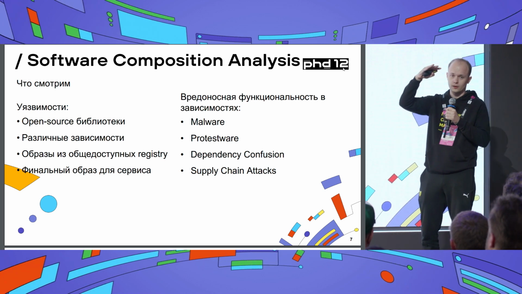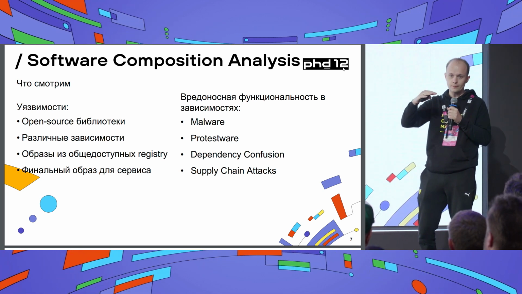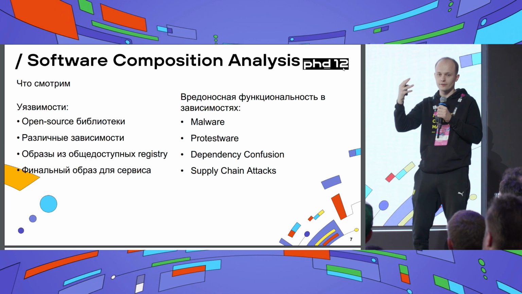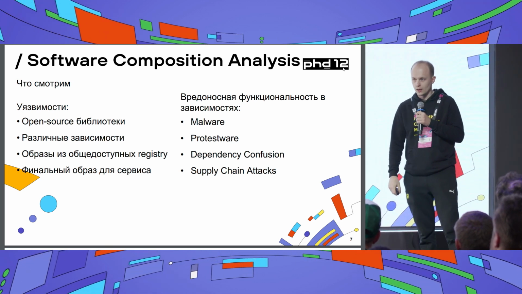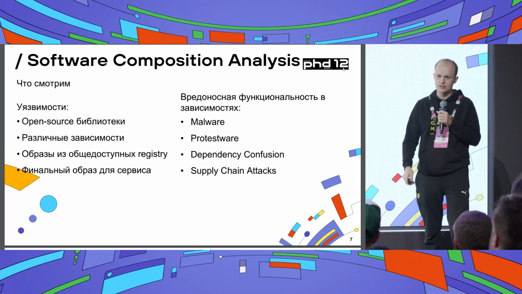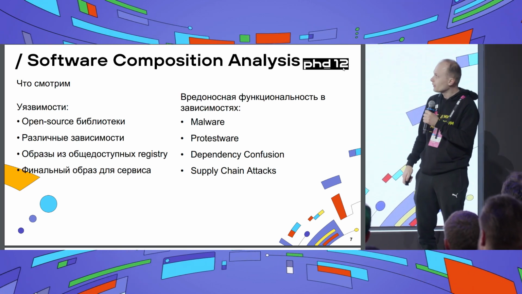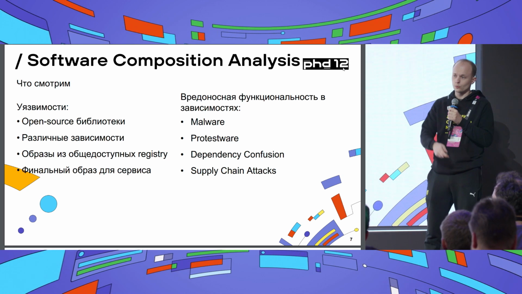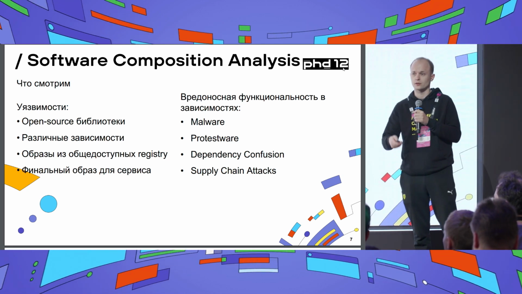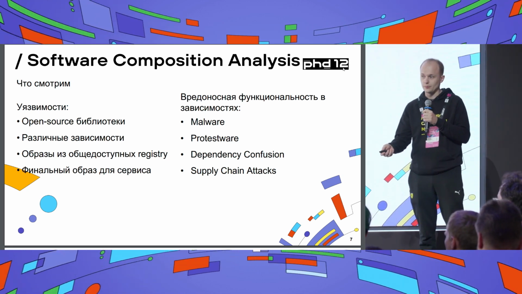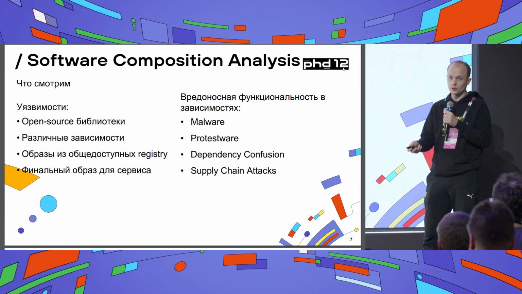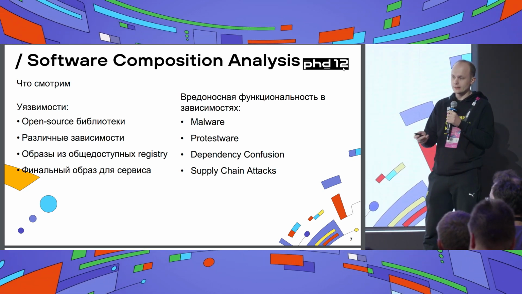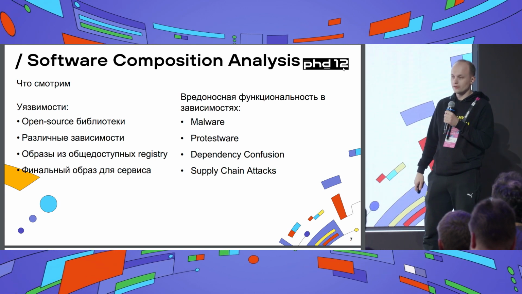Dependency. If you take a Docker image, it's split into layers and the hashes are compared with vulnerability databases. And then our tool should offer the version that we have to use to fix this vulnerability.